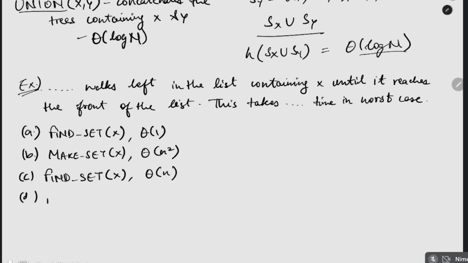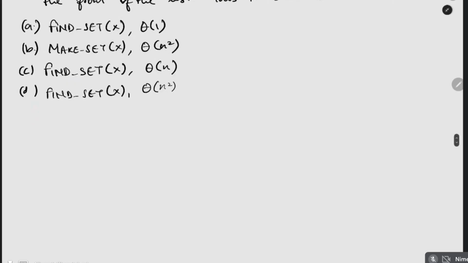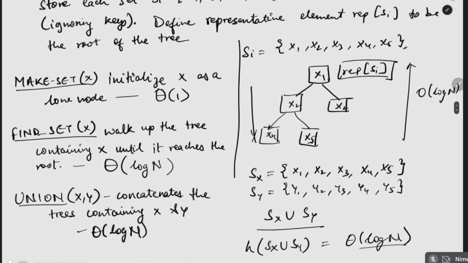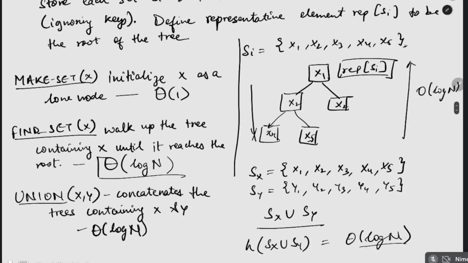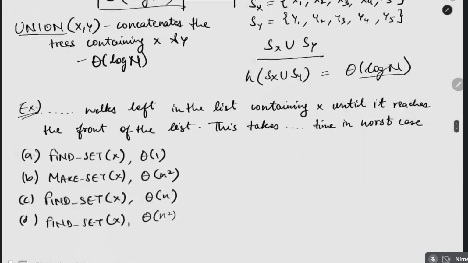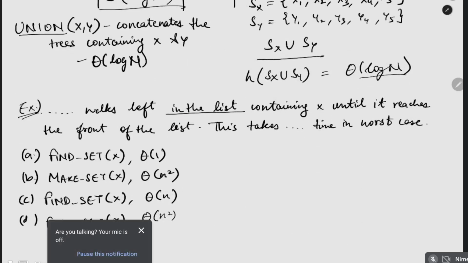Or we are still talking about find set, but it has n square complexity? So again, we saw that in the tree case, the find set was log of n, and for make set, it was constant order. But here in this problem, we are told that we are using a list-based approach.